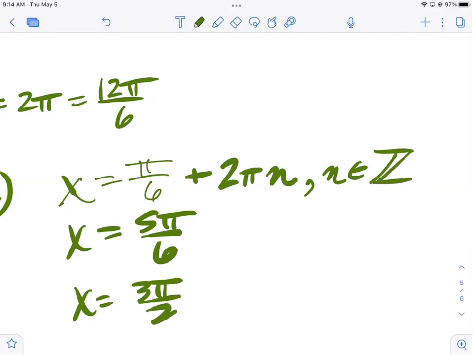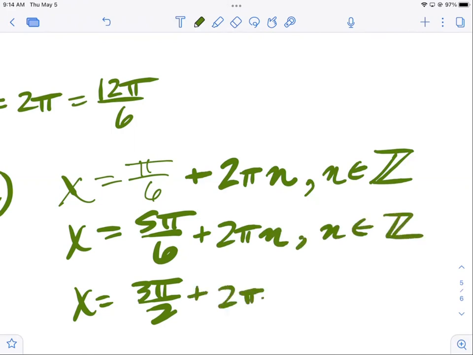You could say plus or minus if you want, but you don't have to, because if n is an integer, n could be -1, and that takes care of subtraction. n could be -2. And then we just do the same thing for the others. Plus 2 pi n, also where n is an element of z, and then 3 pi halves plus 2 pi n, where n is an element of the integers.